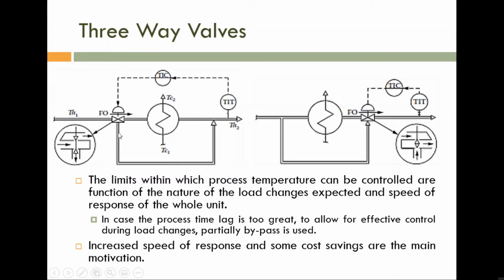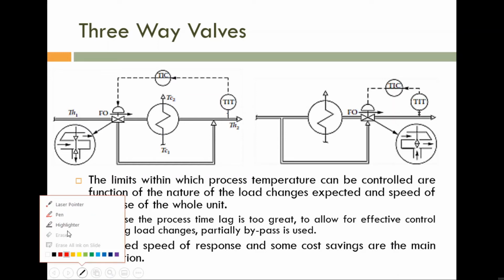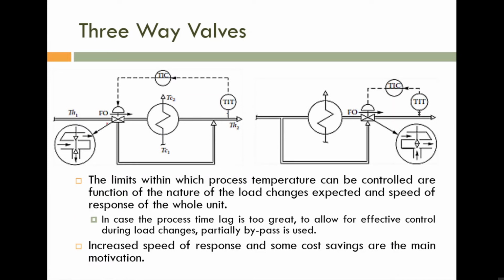The difference is, in one instrumentation, the three-way valve is used to split the process medium into two. It is known as a diversion valve. It is diverting a portion of process medium through the bypass line and the remaining portion through the heat exchanger.